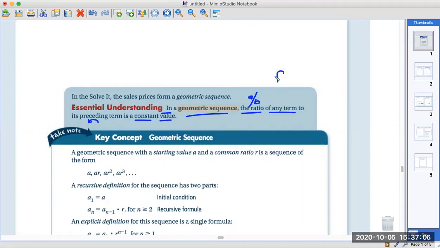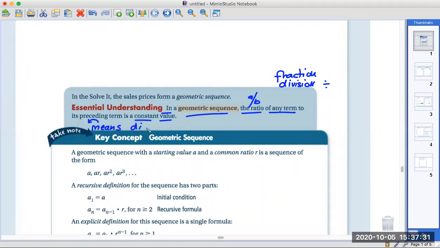So let's write the word fraction. Ratio is a fraction, it means division. So in your calculator, you want to look for your division key, okay? And what this means, the preceding term, it means that you always divide the second number by the first number.